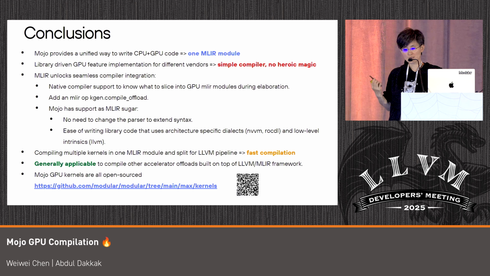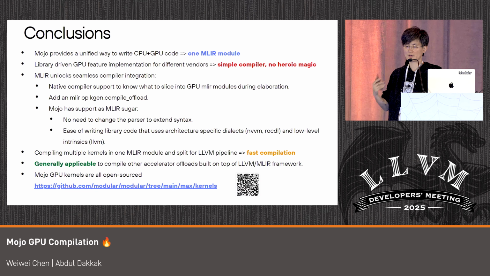As a conclusion, Mojo provides a unified way to write both CPU and GPU kernels in one language. Most of the features are driven by the Mojo library as Mojo code, which makes the compiler much simpler. We don't have to do a lot of heroic magic to accommodate the programming model.